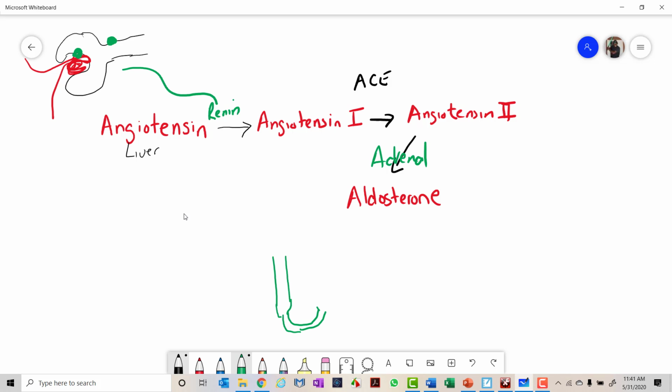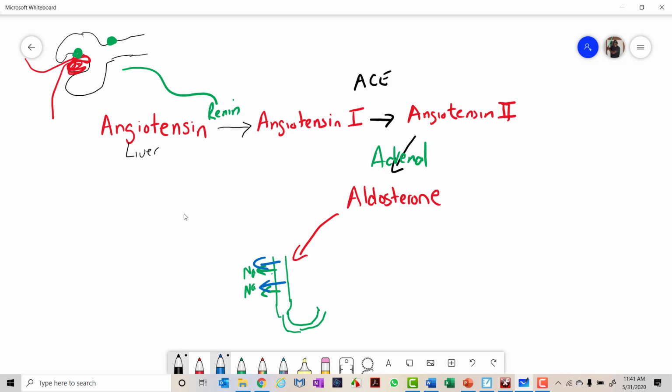So the sodium will be reabsorbed thanks to the aldosterone. That's what the aldosterone does. The aldosterone causes this reabsorption to occur. And we know that from our osmosis and our osmoregulation, if sodium gets reabsorbed, then we're going to have a greater increase of water because the water will follow.